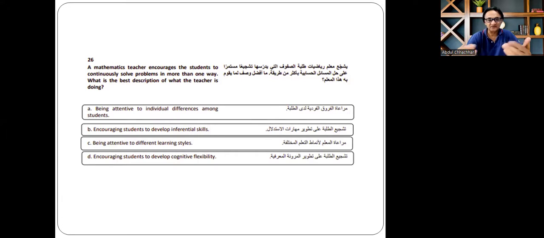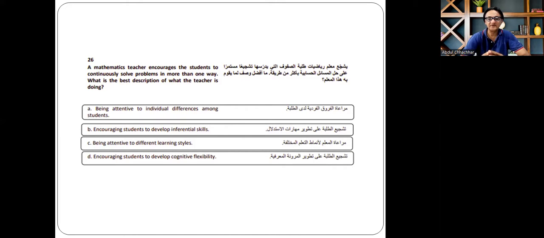Okay, so this is also relevant. Being attentive to different learning styles. Okay, so this is about the learning style. So then you are enforcing students to become more attentive by using their mental approach. So this is also wrong, but you can consider it a distractor.